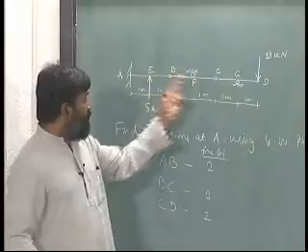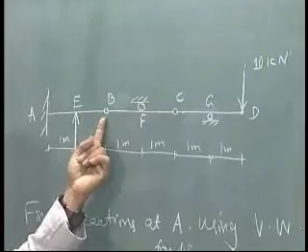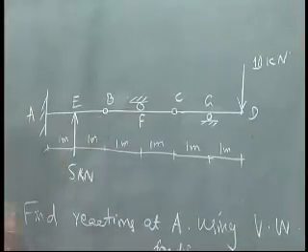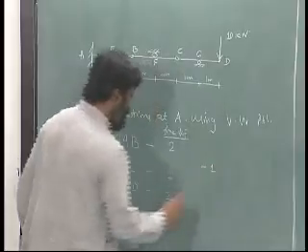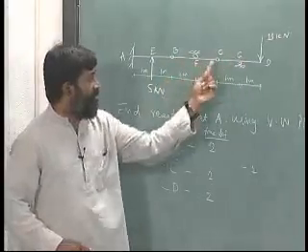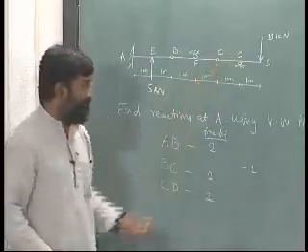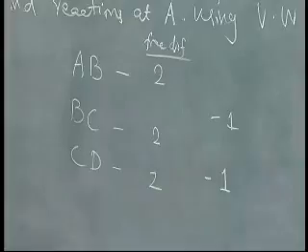For AB and BC together, there is one constraint that is offered at B, right. So I have a -2 -1 between AB and BC. Between BC and CD, another constraint is in the form of hinges there, so one more is gone, alright.